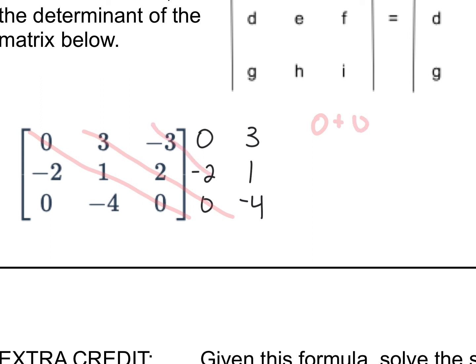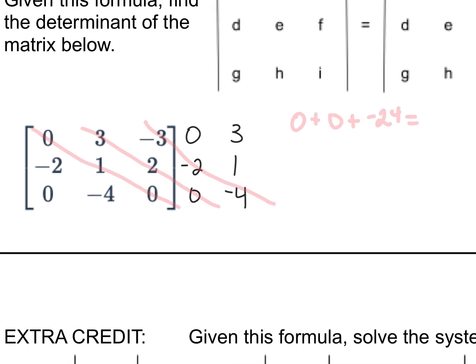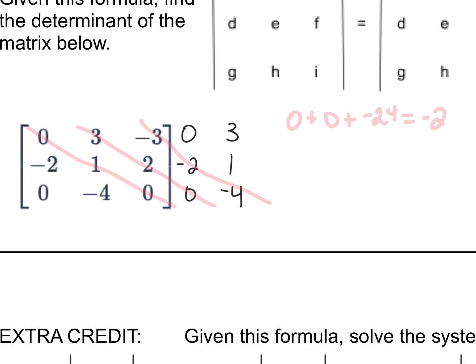And negative 3 times negative 2 times negative 4, negative 24. Yep. Okay, so we add up everything that we are multiplying down. And when we add 0, 0, and negative 24, we should get negative 24, right?